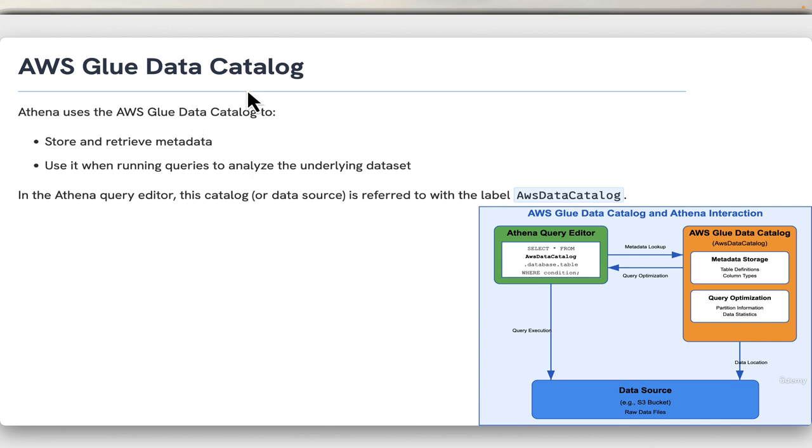It's the Glue Data Catalog that is the whole metadata base, and at the highest level the catalog name is known as AWS Data Catalog, and inside that will be databases and tables, all stored inside that Glue Data Catalog. So first it will do a metadata lookup and query optimization, and then query execution from the S3 bucket or the raw data files.